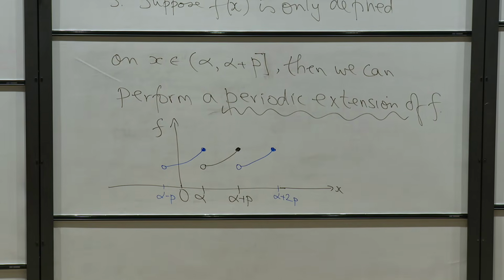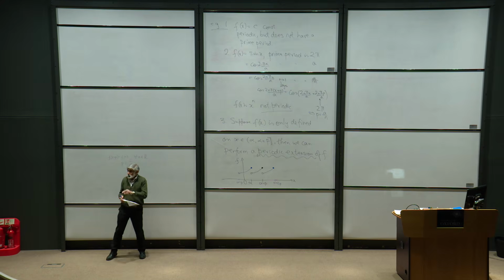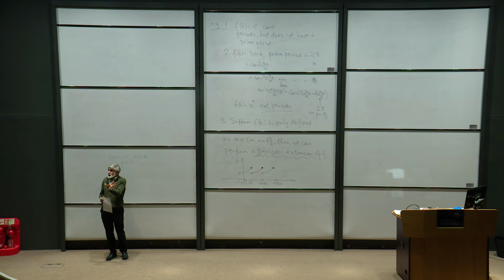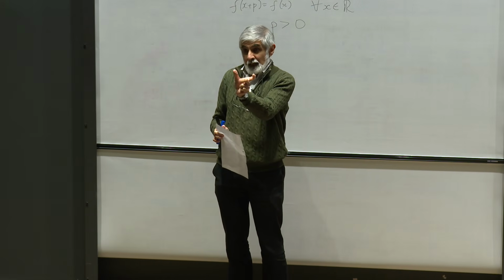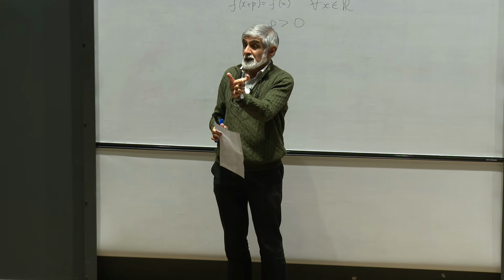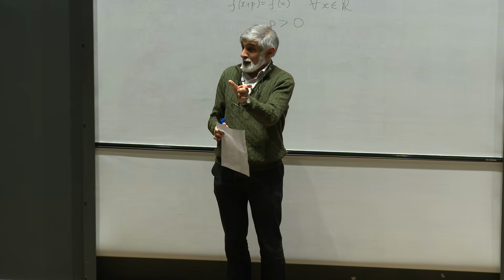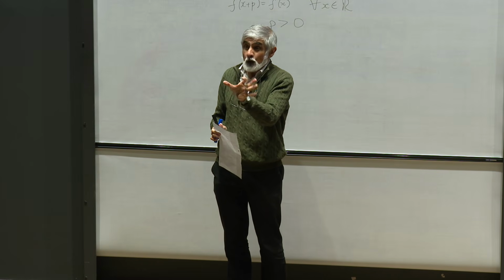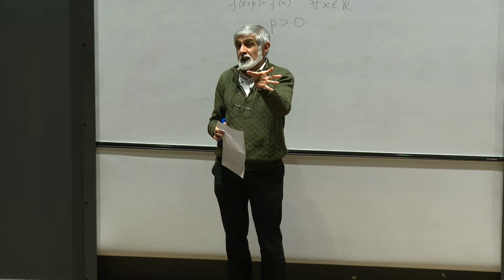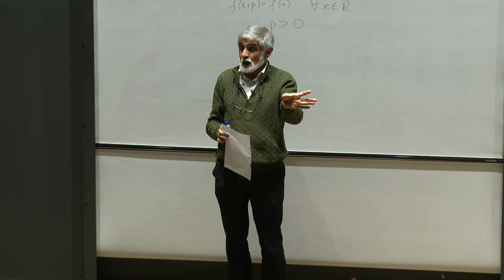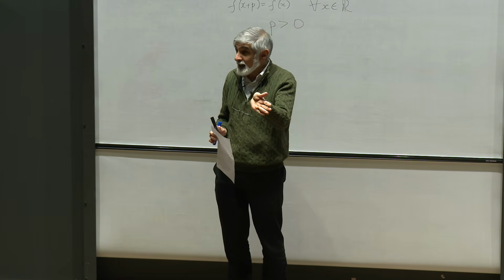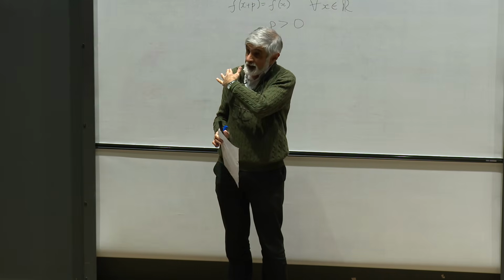So what we will do with the Fourier series when we get on to it is start off with the Fourier series for f defined on a segment of the line of length 2 pi. Or in fact, we could do it in general. We could say, let's have a function defined on all x that has period 2 pi. Then we can write a Fourier series for that.